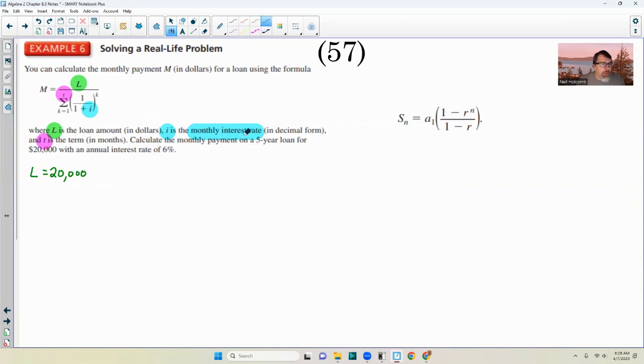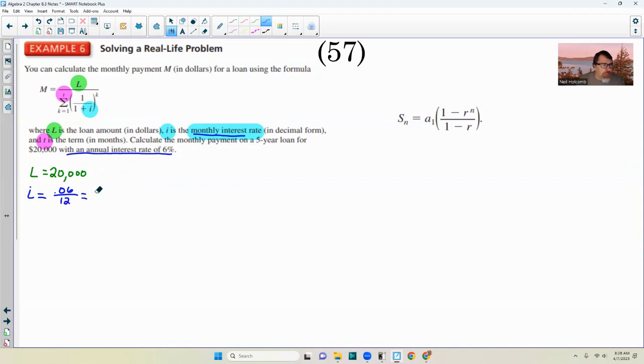I is the monthly interest rate, and this says annual interest rate of 6%. So my interest rate is going to be 0.00, whoops, I'm sorry, not 0.00, it's 0.06 divided by, so notice this says monthly interest rate and this says annual, so we have to switch it to a monthly rate, which is dividing by 12.